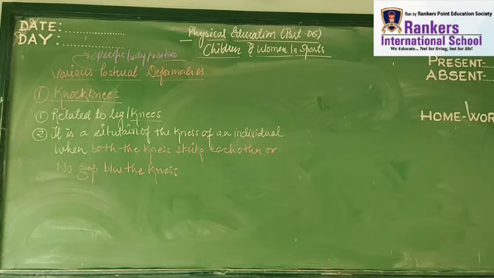The scientific name for knock knee is genu valgum. What is the scientific name for knock knee? Genu, G-E-N-U, genu valgum. The term originates from the Latin word genu, which means knee, and valgum, which means bent outside. It's a condition of postural deformity when the knees knock or rub each other while walking, running, standing, and the feet and the ankles are farther apart than normal.